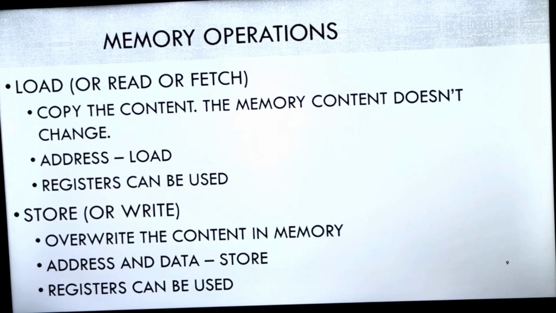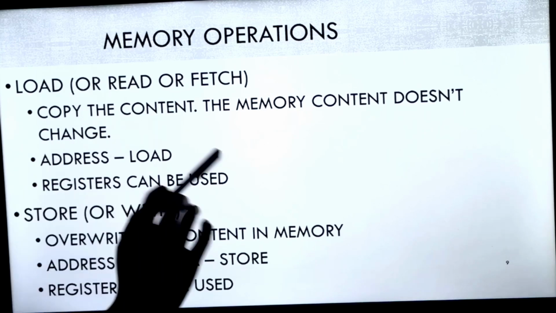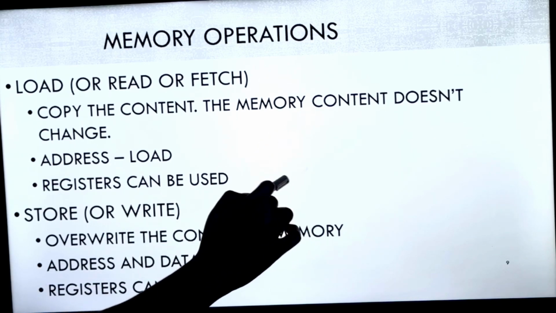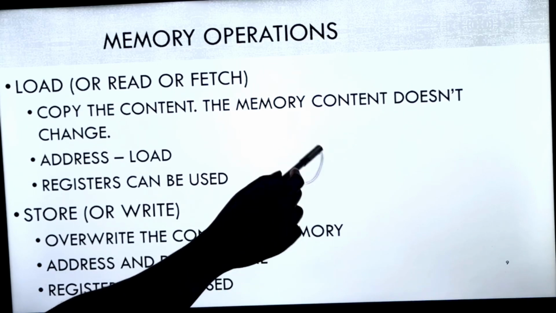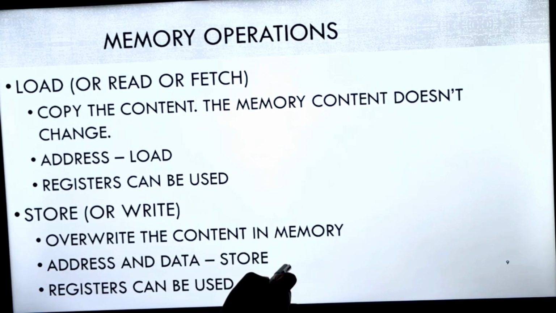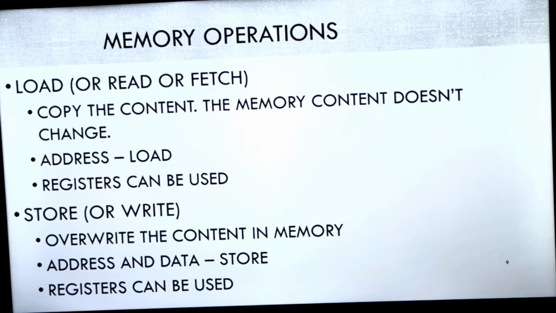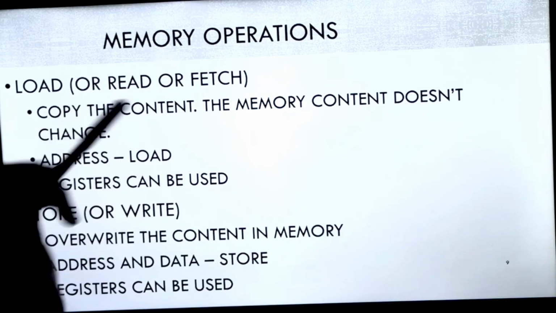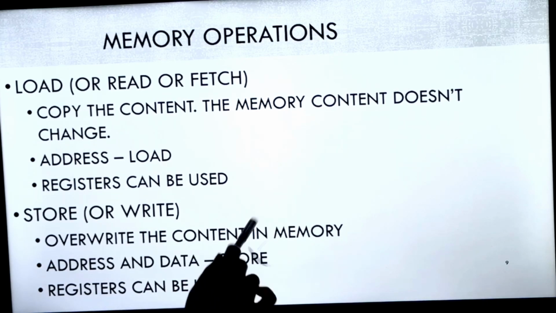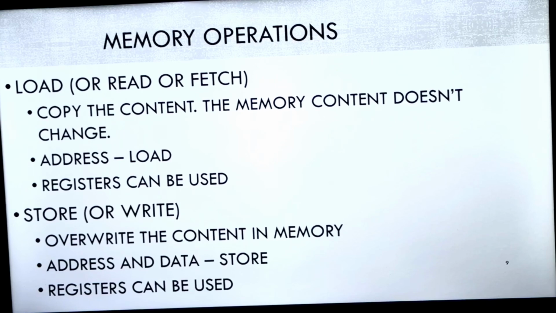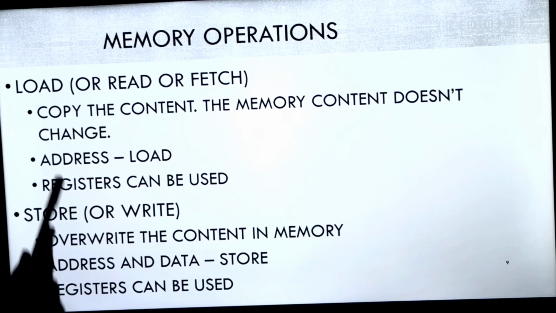Now if you want to access something from your main memory, first you have to load the data you have in the main memory. The particular data should be loaded to your registers first, right? Once it's inside registers, only then can you process it. Means you have to load from main memory to register first. To do that, we have a keyword in the instruction called load.